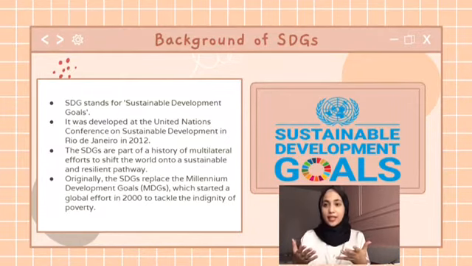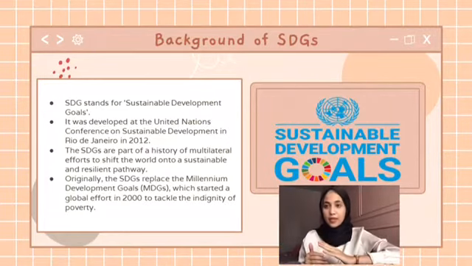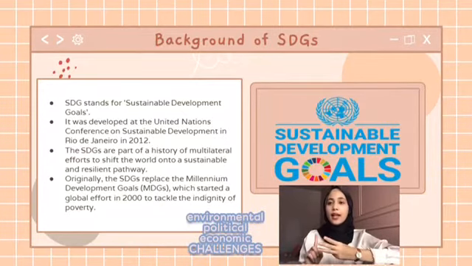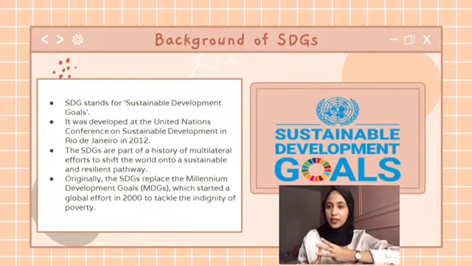So the SDG is actually a part of history of multilateral effort to shift the world onto a sustainable and resilient pathway. The main purpose of this development was to set up a universal goal that meets the urgent environmental, political, and economic challenges facing our world.